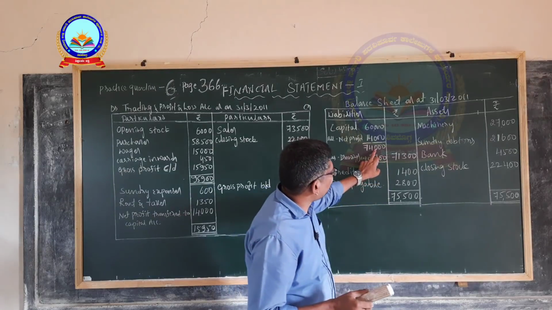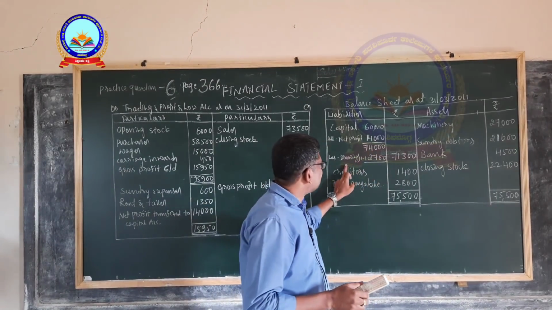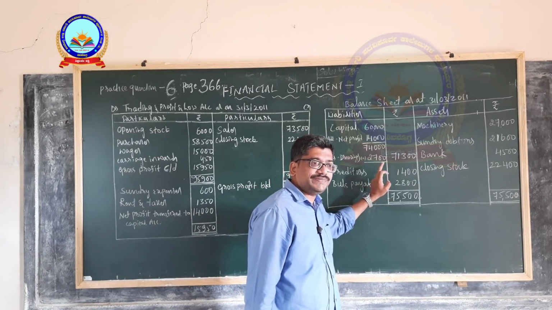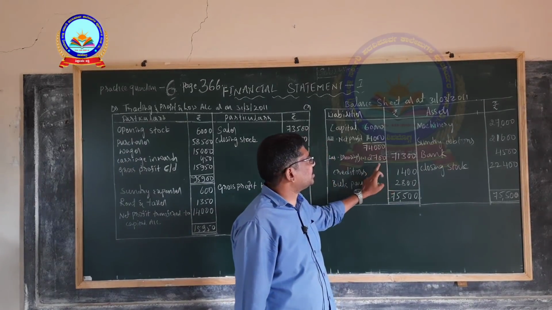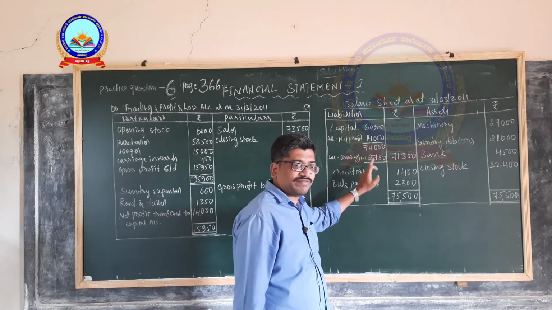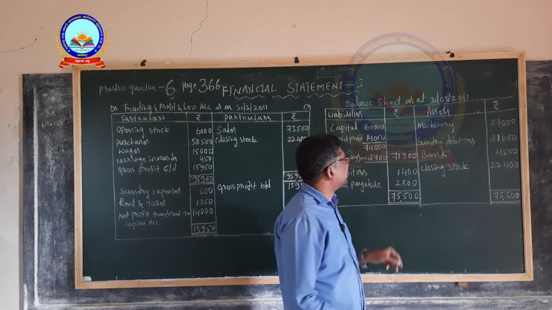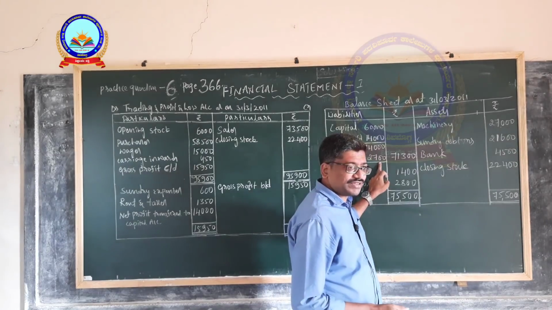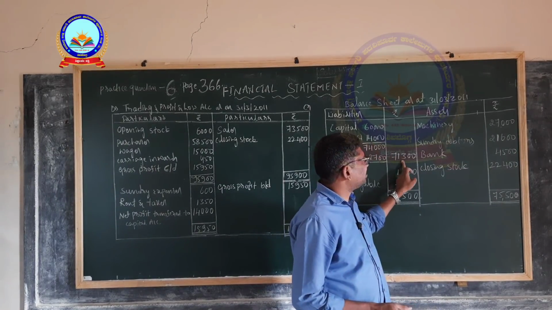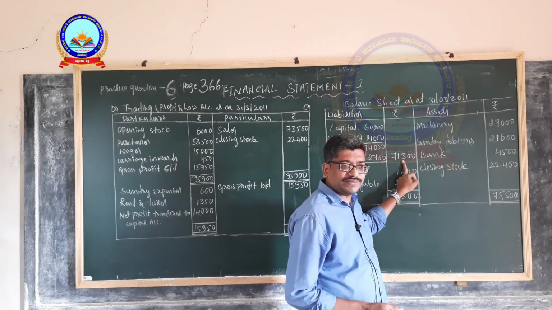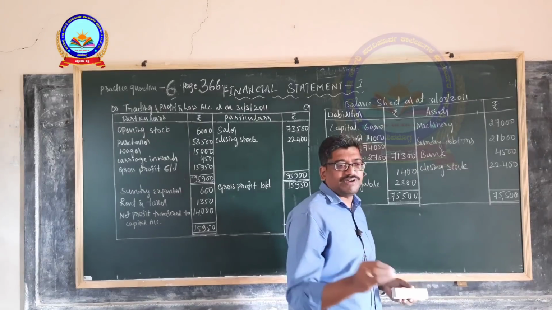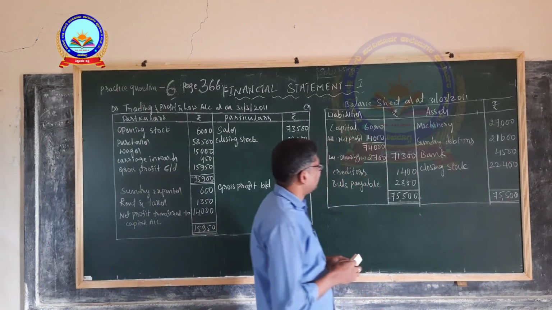So capital is now 74,000 rupees less drawings. The drawings amount is 2,700. So 2,700 should be subtracted from 74,000, and the resultant figure is 71,300, right? 71,300 in the final amount column.